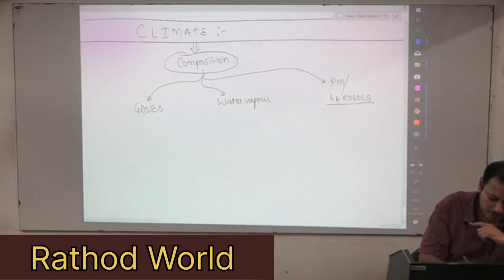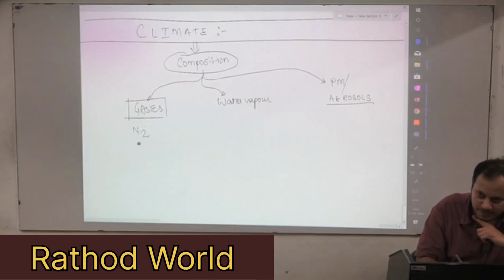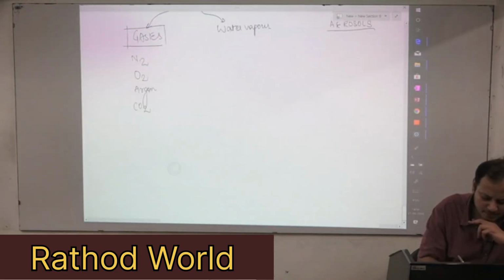Fine. Now, you already know among the gases nitrogen is the most dominant gas, followed by oxygen, followed by argon, followed by CO2, and then there are some of the other trace elements such as krypton, xenon, methane, etc. Out of which nitrogen, oxygen and argon are of no use to us here.